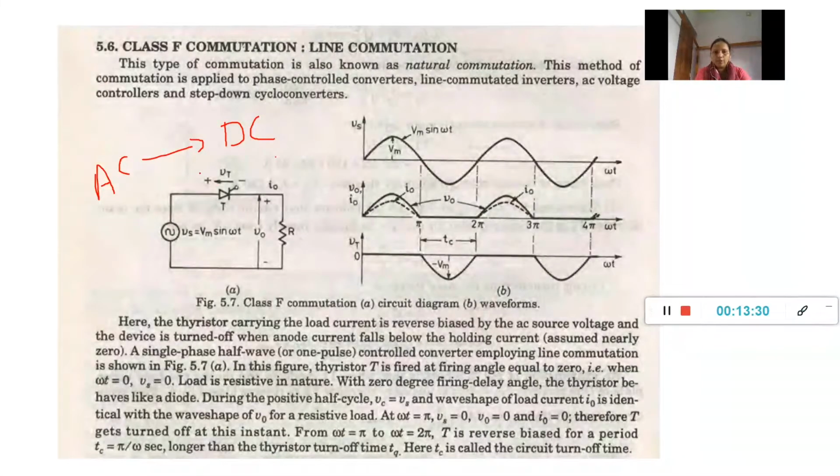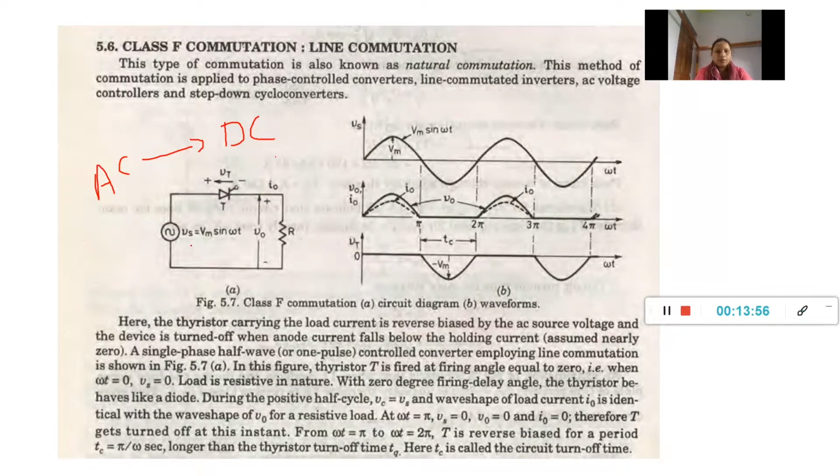Why is it called controlled? Because here we are using a thyristor as the semiconductor device, and a thyristor is a controlled device. In the analog subject, you already studied the half wave rectifier circuit using a diode. A diode is an uncontrolled device, but here a thyristor is used, that's why it is called controlled. This is a phase controlled converter circuit.